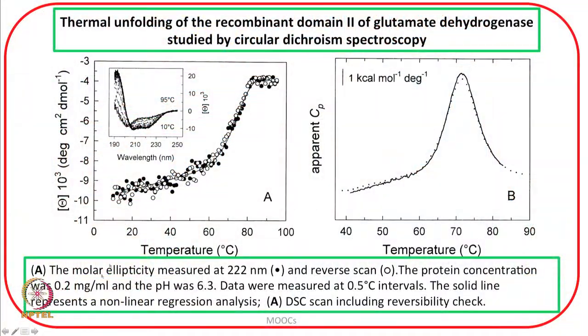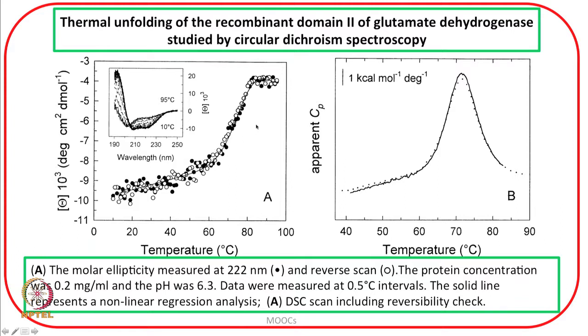Ellipticity in either the tertiary structural range or the far UV CD can be used to determine the thermodynamics of the process. How? Usually, the ellipticity change at 222 nanometer, which is the signature for the alpha helix structure in the protein, also shows a sigmoidal kind of change when the temperature is increased.